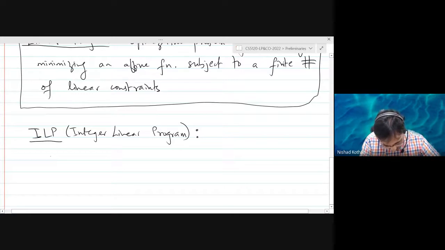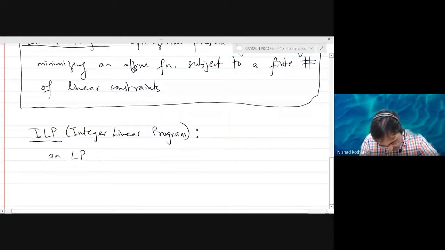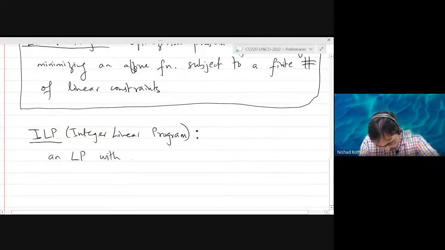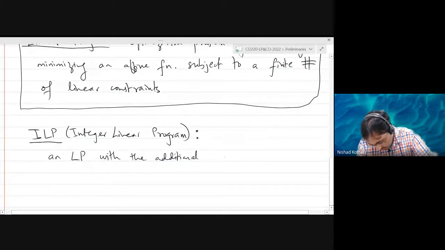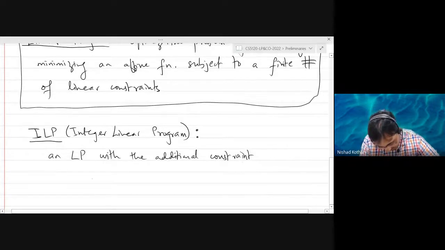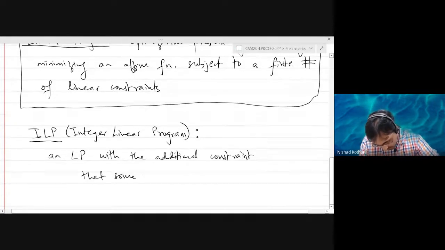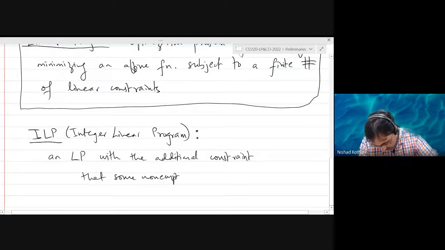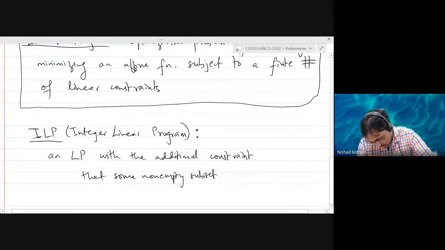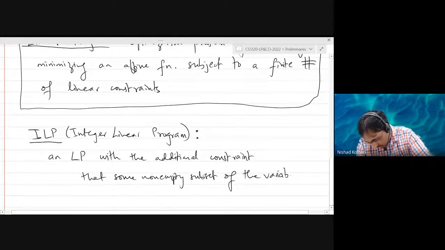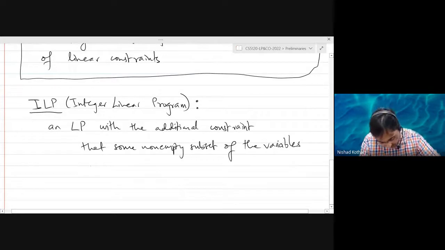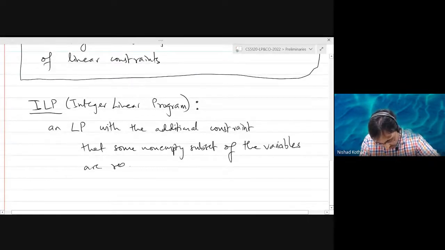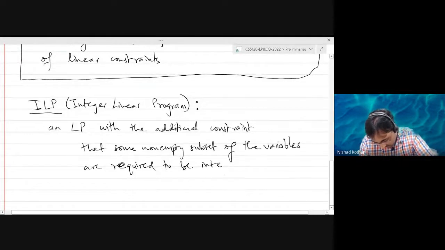Okay, so an LP with the additional constraint that some non-empty subset are required to be integers, right?